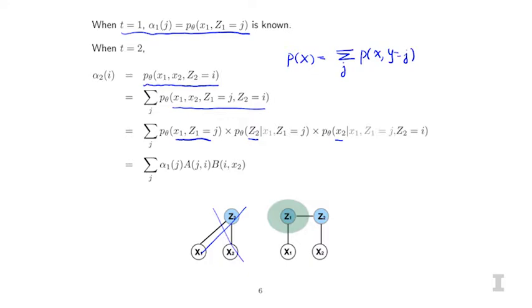It just means that conditioning on that variable can be ignored. For example, for z2, when we condition on z1, z2 and x1 are independent of each other. So you can see that in the calculation for this conditional probability, we really don't need x1. Similarly, for x2, once we condition on z2, it is independent of z1 and x1, so we can ignore those in the computation. And you're going to find out this basically is the transition probability, and this is the emission probability B.